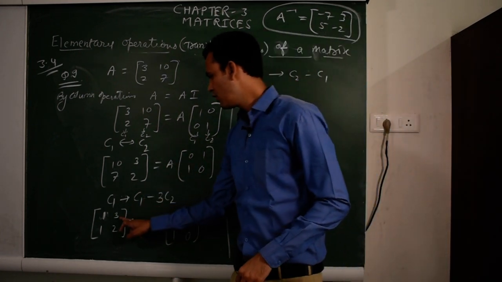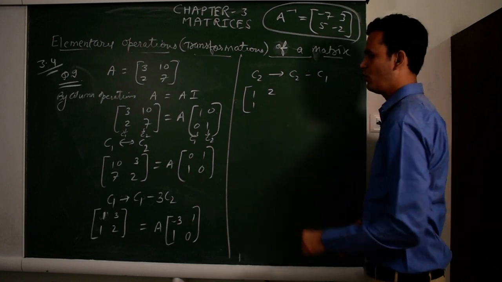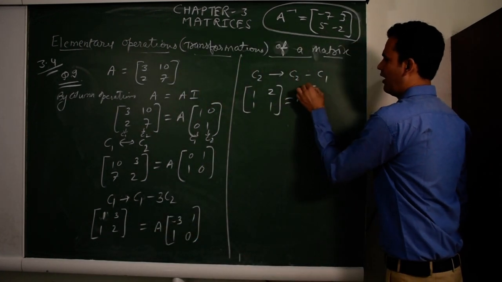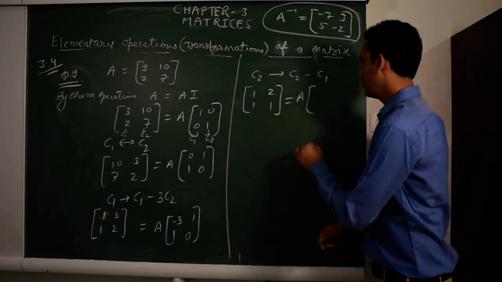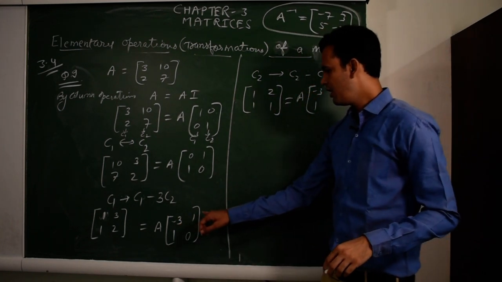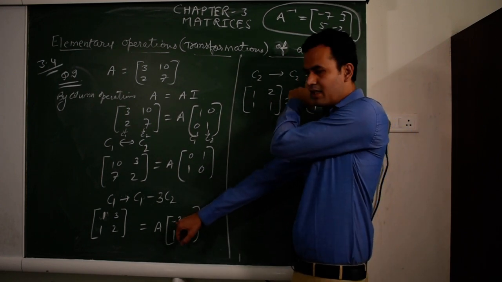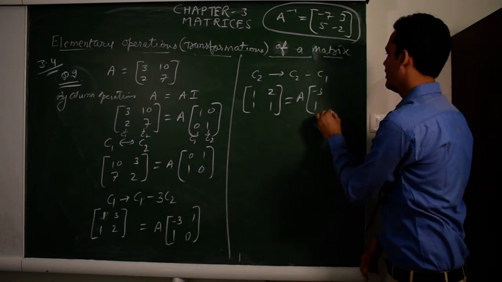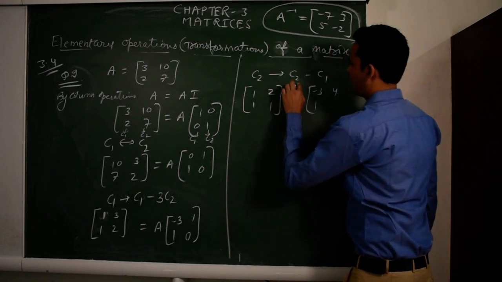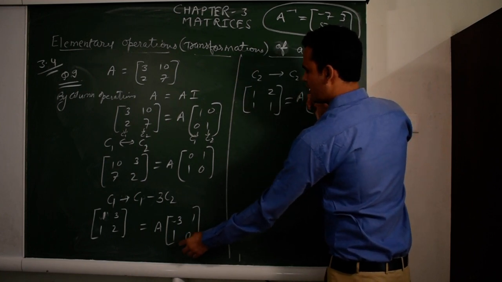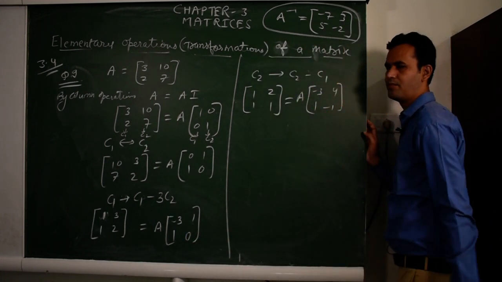Change in C2, C2 minus C1: 3 minus 1 is 2 and 2 minus 1 is 1. A as it is, and no change in C1, so minus 3 and 1. And change in C2, C2 minus C1: 1 minus minus 3, 1 plus 3 is 4, and 0 means C2 minus C1 is minus 1.